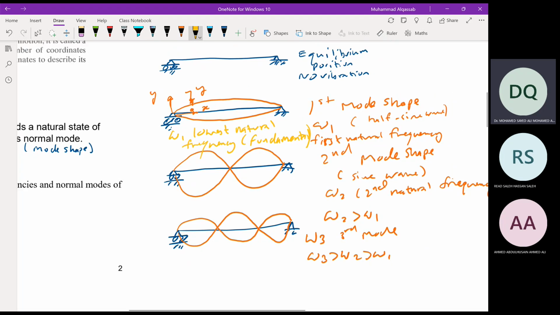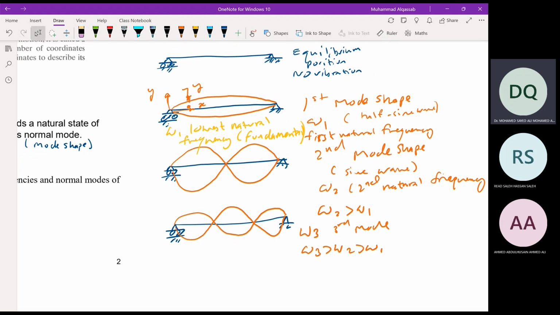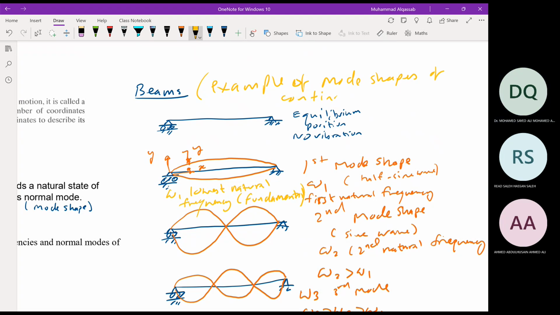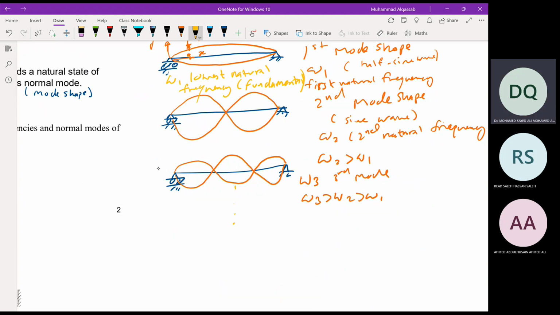So what you need to do is, if you have discrete, this is a continuous system. So this is an example of mode shapes of a continuous system. This will continue to infinity.